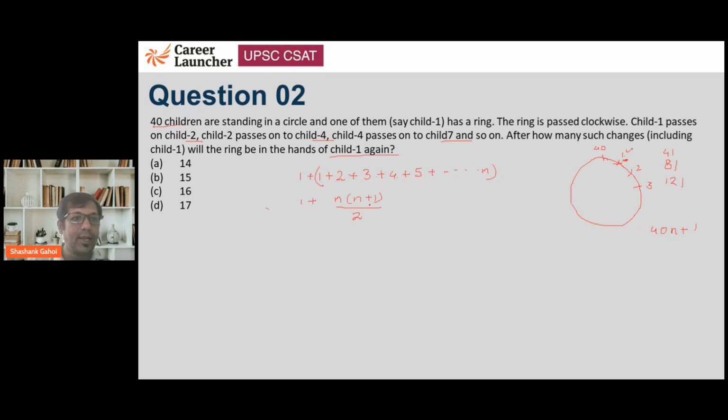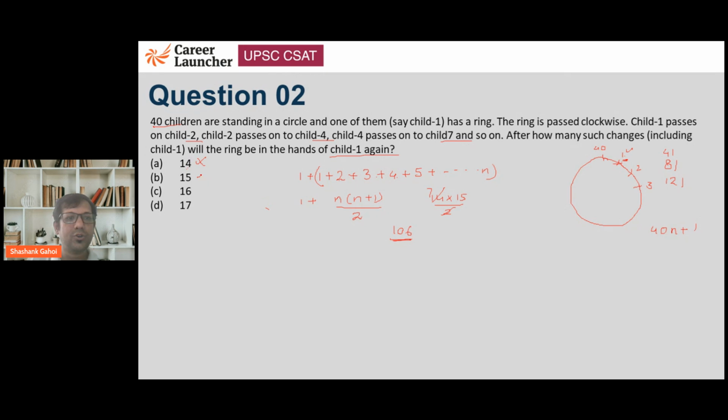Now if it says 14, 14 into 15 divided by 2 is 105, plus 1, 106, 106th guy. So it is not in the format of 40n plus 1. It means after 14 movements, it won't be in the hand of the first guy.